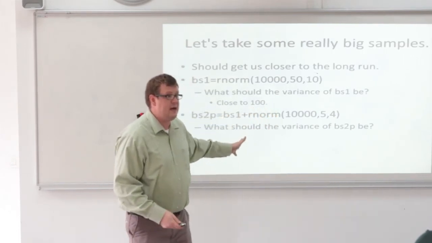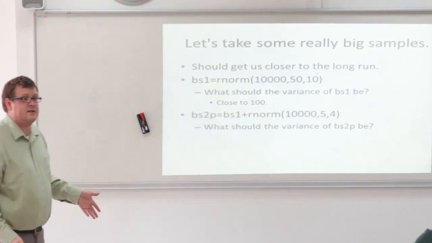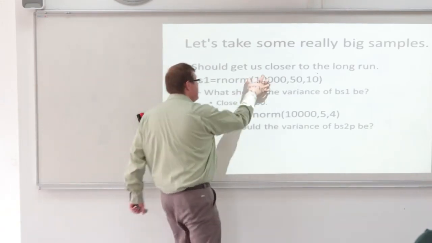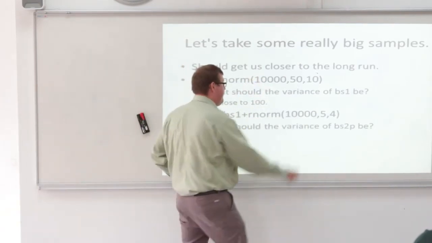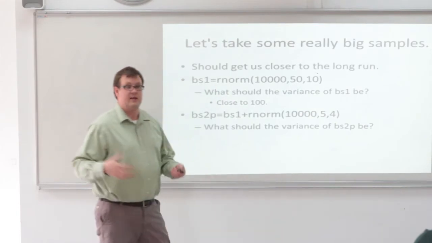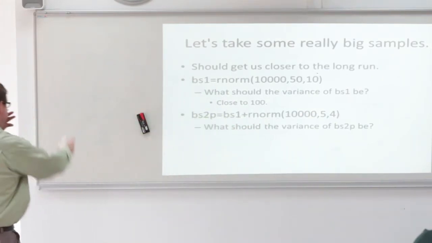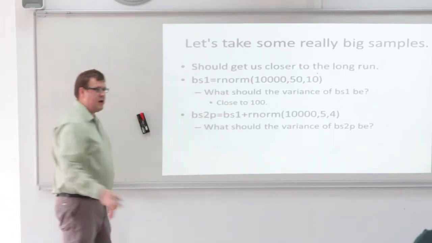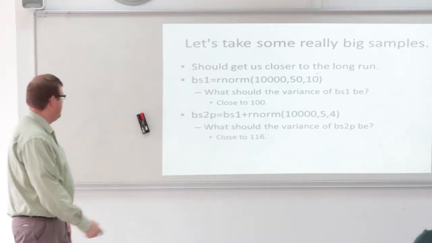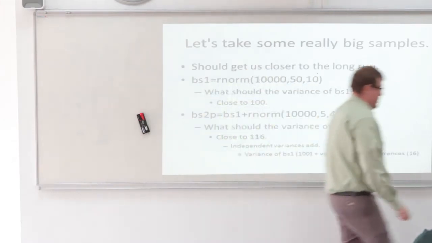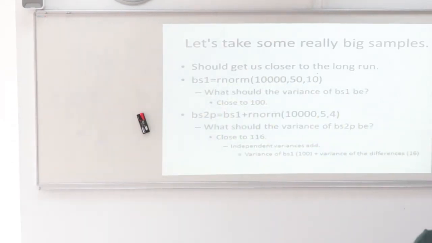So all this should be is the sum of the two variances. So the variance of this should be close to 100. The variance of this should be close to 16, the square of the standard deviation. So the variance of this should be very close to 100 plus 16. So, let's see if it is.